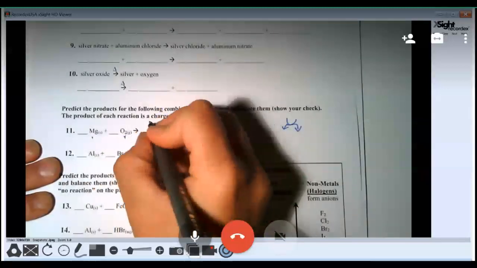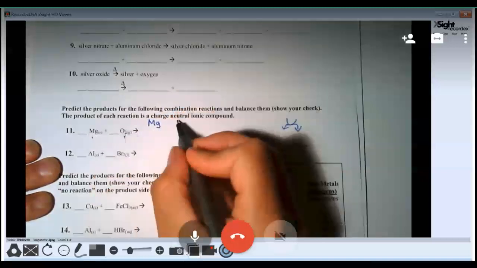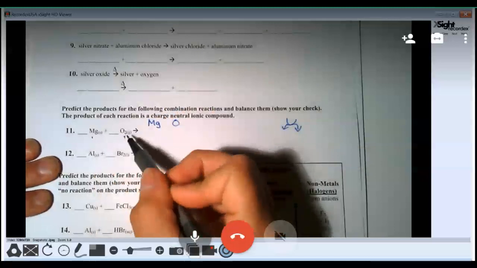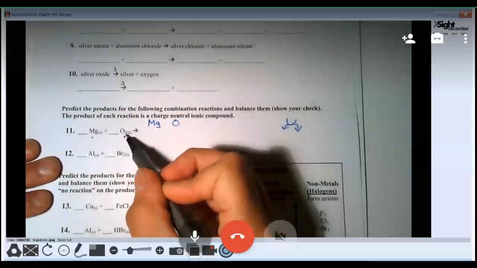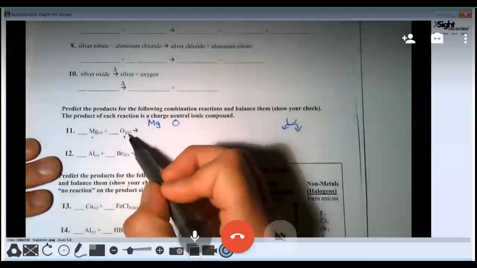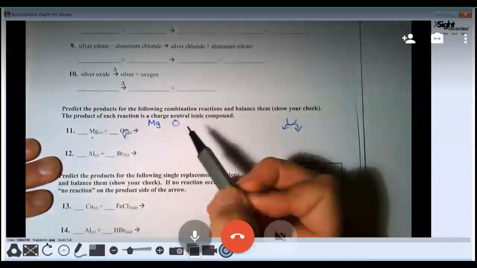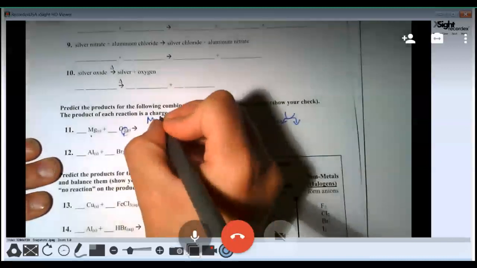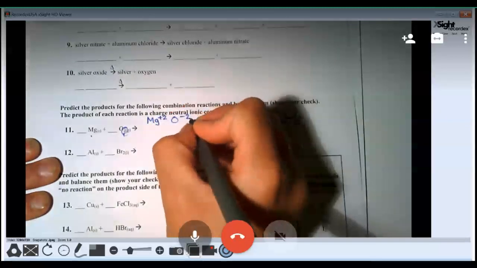So we have magnesium bonding with oxygen. It's important to note that we don't carry the subscript over because oxygen now has a buddy that's not itself, so it doesn't need to be paired up anymore. We don't carry any subscripts over. We're going to re-crisscross. Magnesium has a +2 charge and oxygen has a -2 charge.